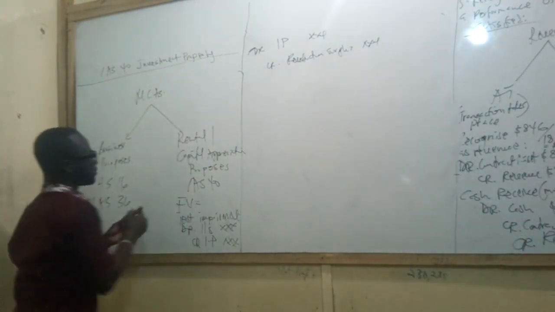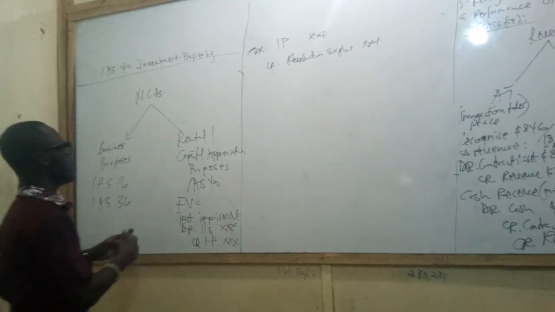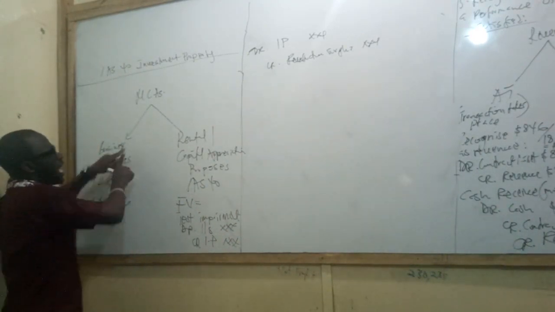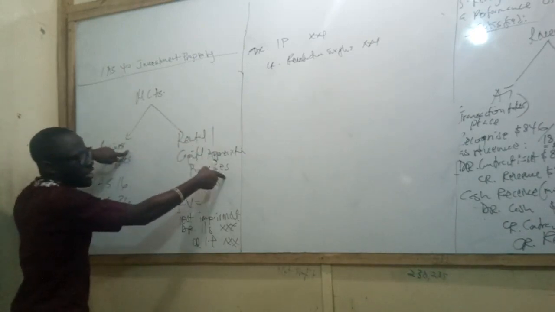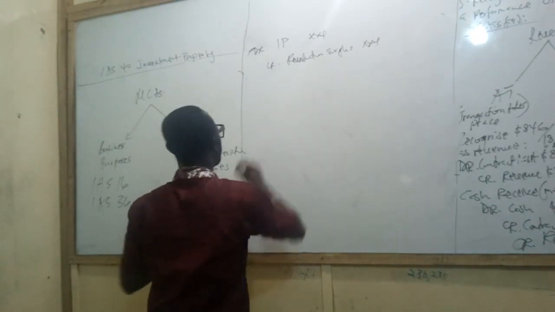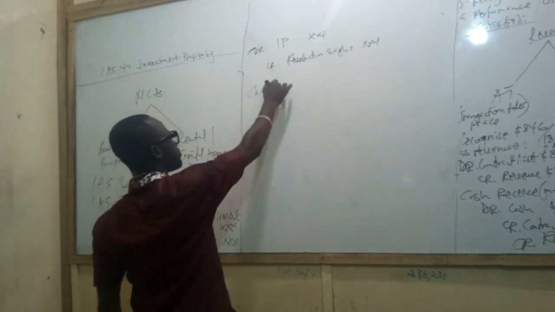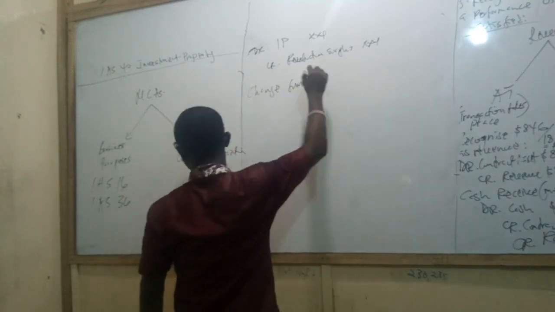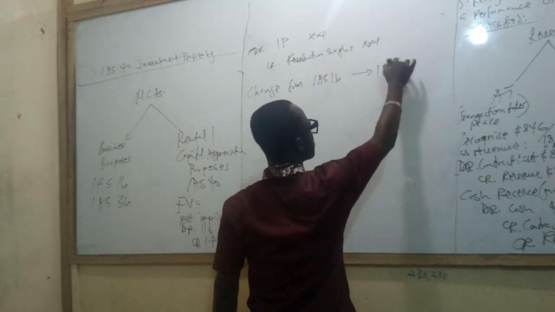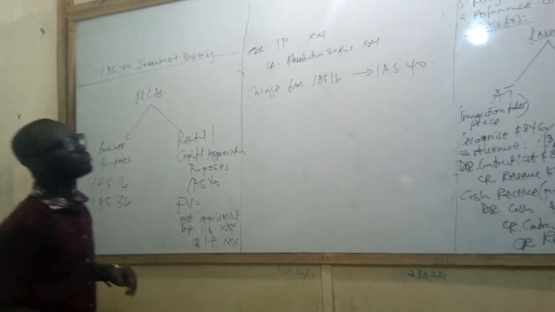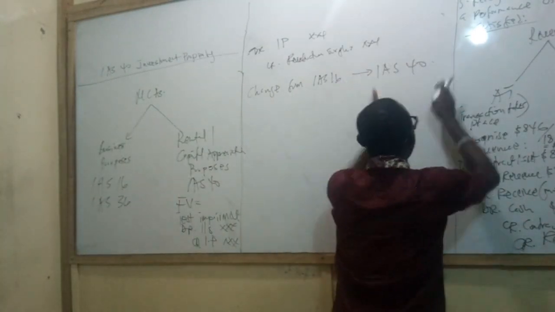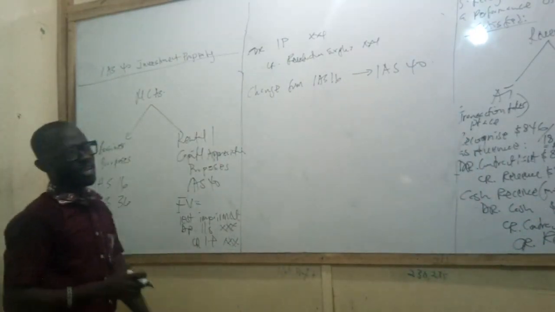As always, if for instance, we are using an asset for business purpose, and during the year we change the asset into a rental purpose, what it means is that we will have to change from IAS 16 to IAS 40.